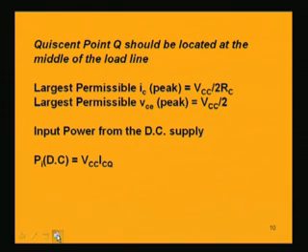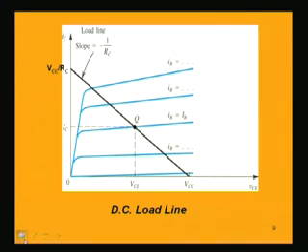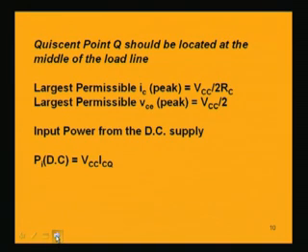Now, the largest permissible value of the collector current, that is the peak value of the collector current: if we see in the load line again, the collector current can swing from the DC collector current to a maximum value.